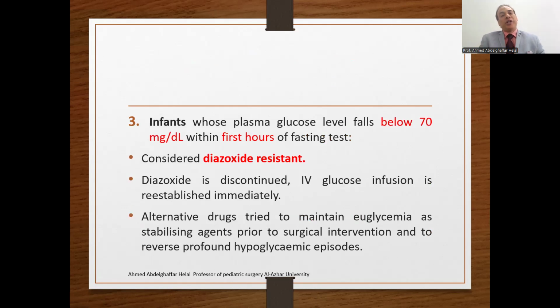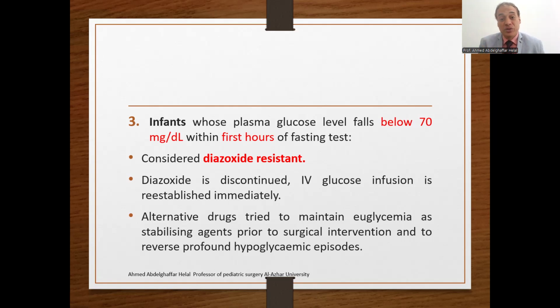The third one is very important for the pediatric surgeon. Infants whose plasma glucose level falls below 70 within the first hour of the fasting test are considered diazoxide resistant. And here, diazoxide is discontinued. Intravenous glucose is reestablished immediately to preserve euglycemia.